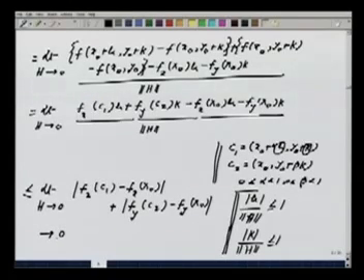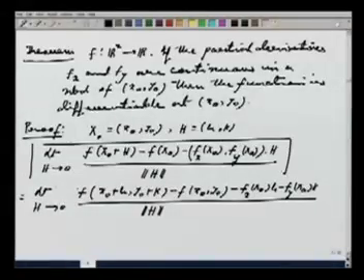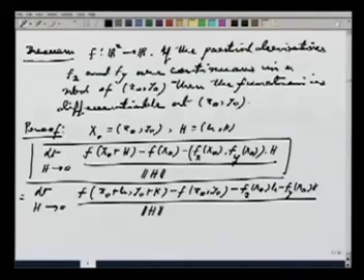So in the last step, I am actually using the fact that the partial derivatives of f in the x direction and in the y direction are continuous functions. So finally, this limit goes to 0, and hence the difference quotient which I started with now goes to 0.